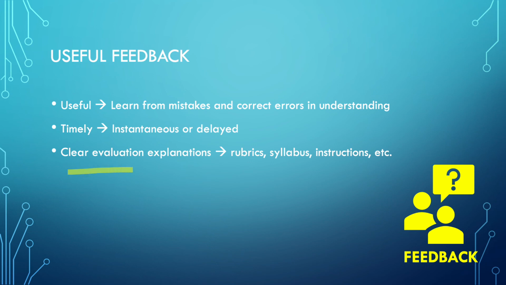That reflection period will allow them to make those positive changes in their understanding, make those corrections. You also need to make sure that you're very clear with how you're going to evaluate their work. So the use of rubrics, what you've put into your syllabus, and even the lab instructions will play a role in how the students know. I point this out because students in the online environment will be very afraid to get something wrong. But if your lab is truly a learning activity, then you'll want to make sure that you're evaluating them so that you're not penalizing the students for making mistakes. This actually will reduce any problems you might be thinking about related to cheating and plagiarism.